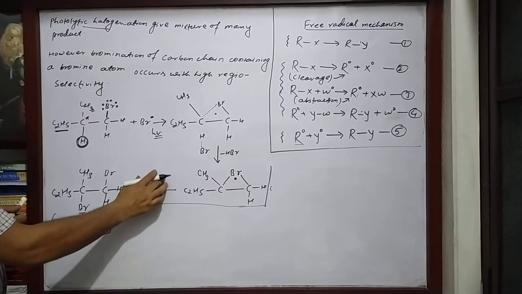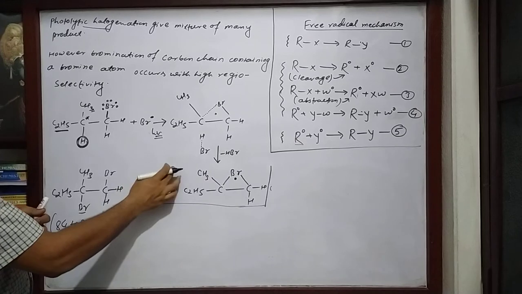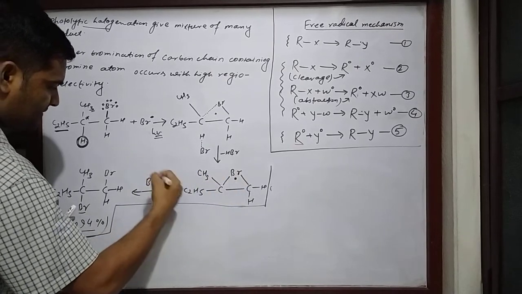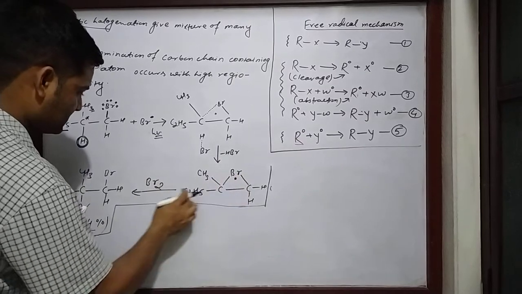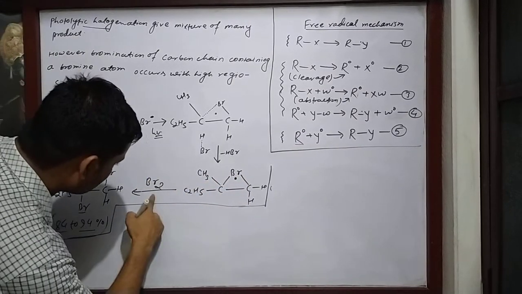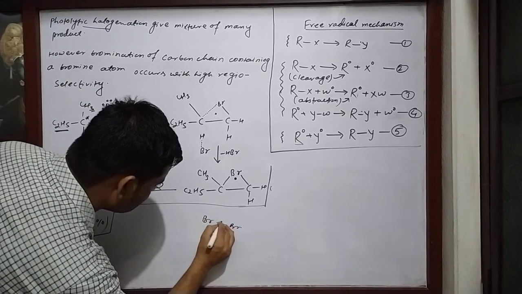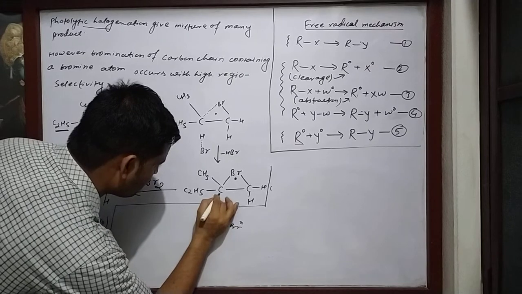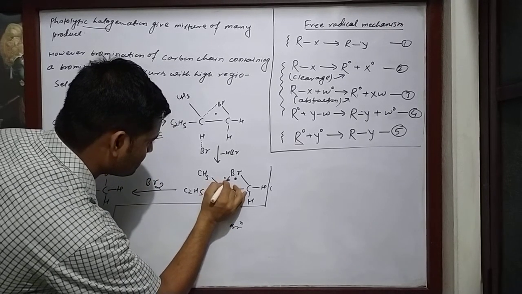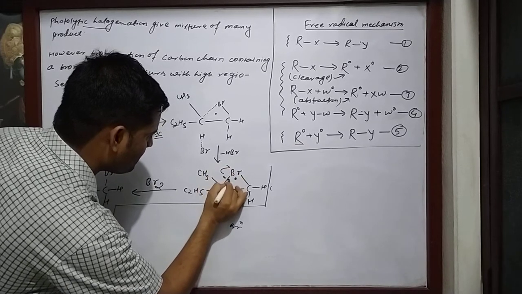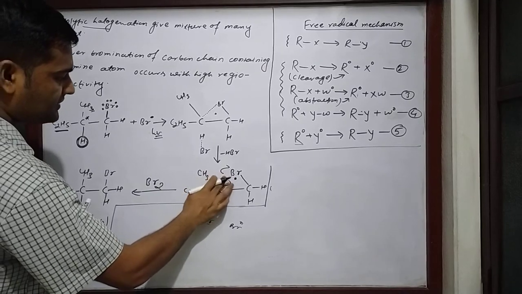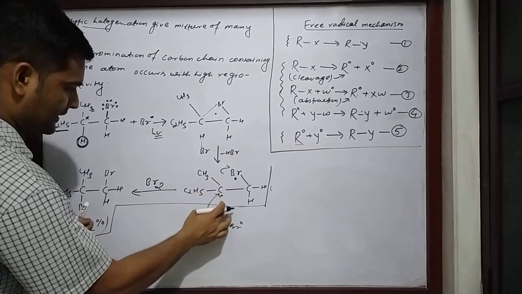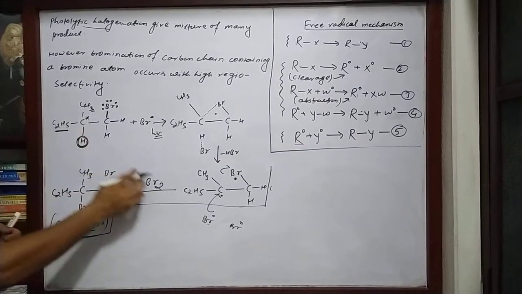In the next step, this radical abstracts bromine from Br2, because a radical always abstracts from a neutral species. When the Br2 molecule dissociates by homolytic bond fission to give two Br radicals, the Br radical attacks this carbon, the pi bond also undergoes homolytic bond fission, and bromine is regenerated as a radical. This carbon forms a radical which combines with the Br radical to give this product, and substitution takes place at this carbon.